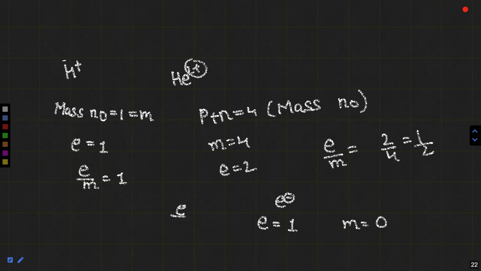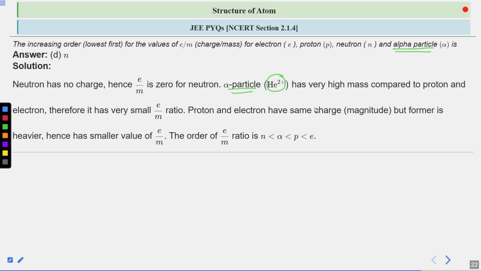Therefore, the e/m ratio will be infinite in the case of the electron, and hence we take it as the largest one. So first comes the neutron, then your alpha particle, and then your electron. I guess it is clear to all of you how we have solved it.